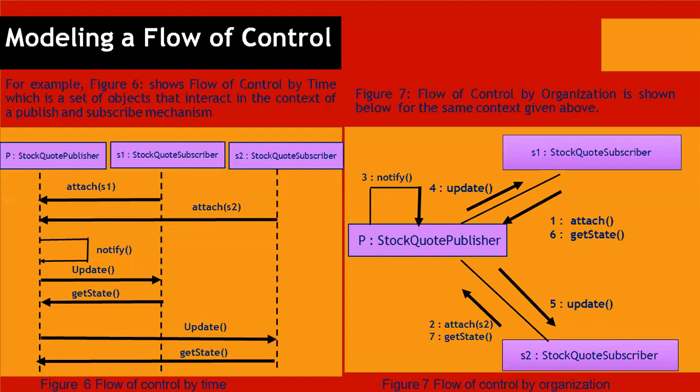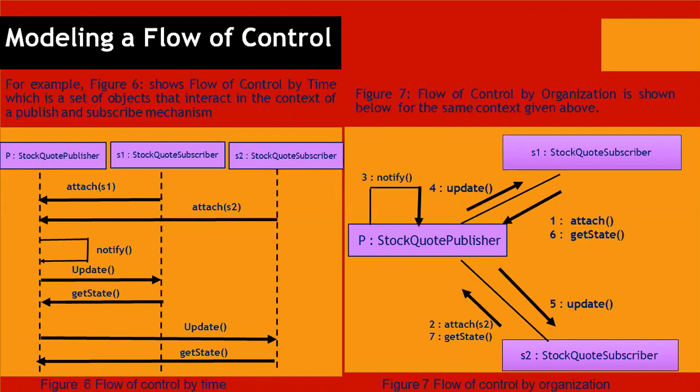Let us consider the publish and subscribe mechanism using sequence and collaboration diagrams. This is a sequence diagram and this is a collaboration diagram. In the sequence diagram, we show the flow of control by time, whereas in the collaboration diagram, the flow of control by organization. This particular figure shows the flow of control by time, the set of objects that interact in the context of the publish and subscribe mechanism.